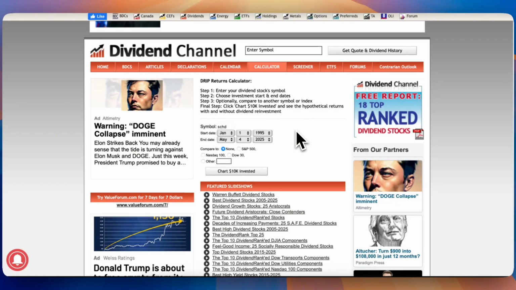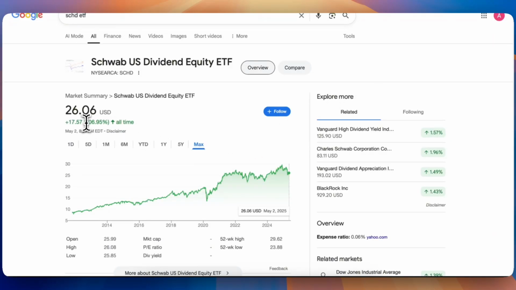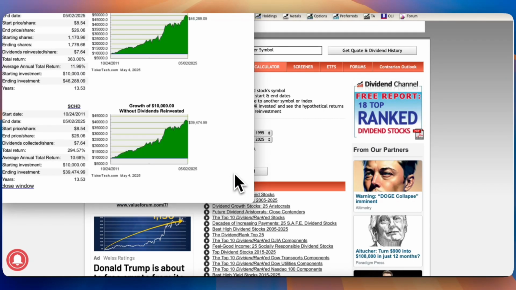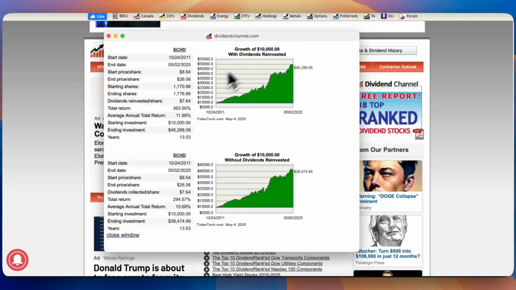Now, if we go to the dividend channel and we calculate our DRIP returns calculator, because as we mentioned earlier, this is the total return without dividends. So if we head back to the dividend channel and we chart $10,000 invested, we can actually see that we have a total return closer to 363%.